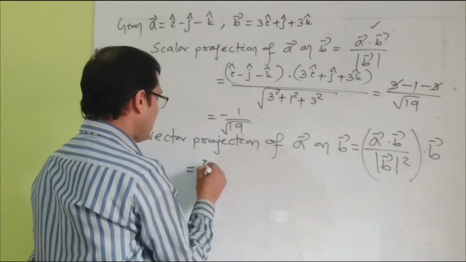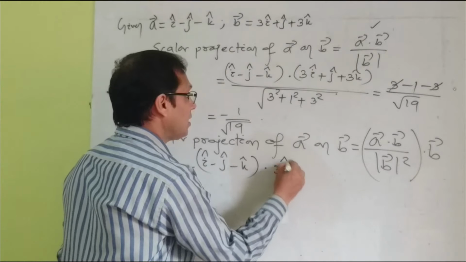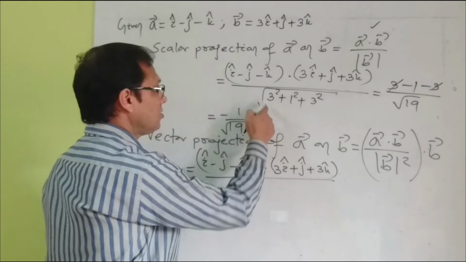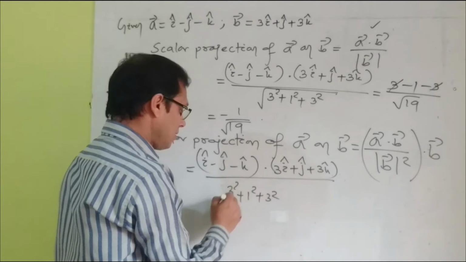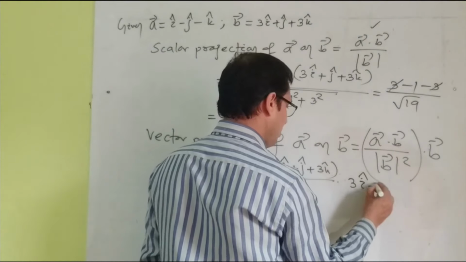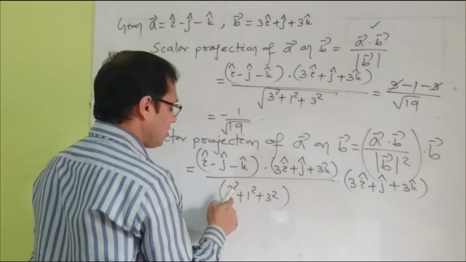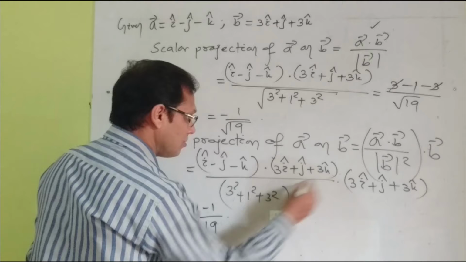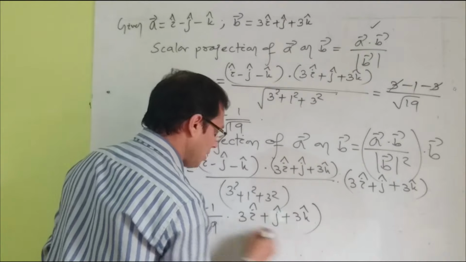Again you can write i cap minus j cap minus k cap dot 3i cap plus j cap plus 3k cap divided by magnitude square, that is 3 square plus 1 square plus 3 square, into B vector, that is 3i cap plus j cap plus 3k cap. Root 19 square is 19. So this is minus 1 by 19 into 3i cap plus j cap plus 3k cap.